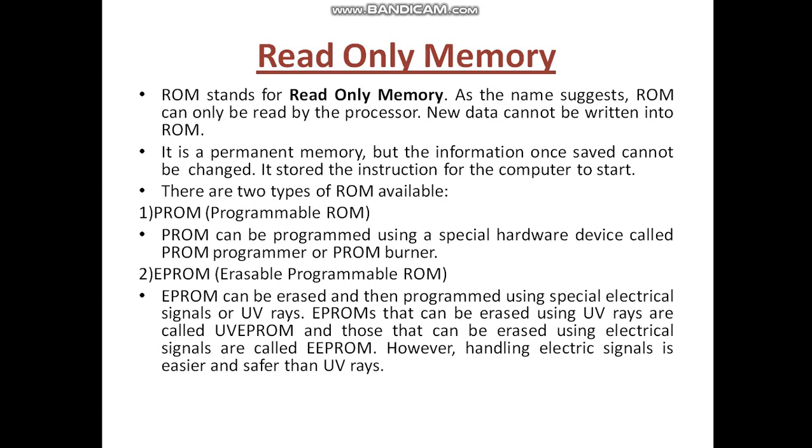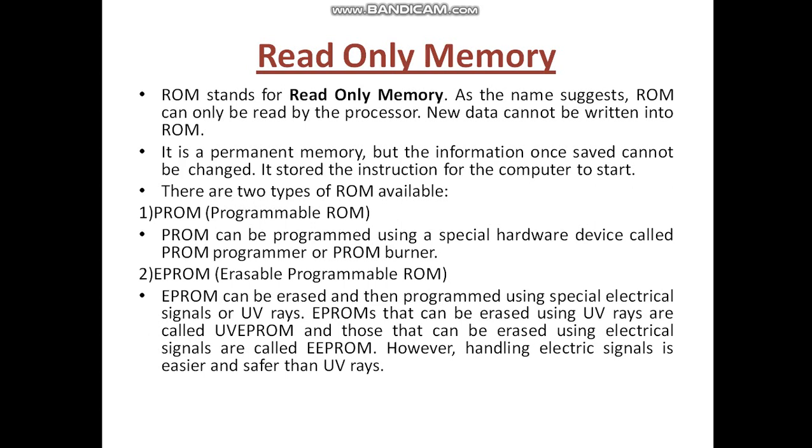There are two types of ROM available. First is programmable read-only memory, which is PROM. PROM can be programmed using special hardware devices called a PROM programmer or PROM burner. Next is the EPROM, erasable programmable read-only memory. We know that there are two parts, EEPROM and UV-EPROM.